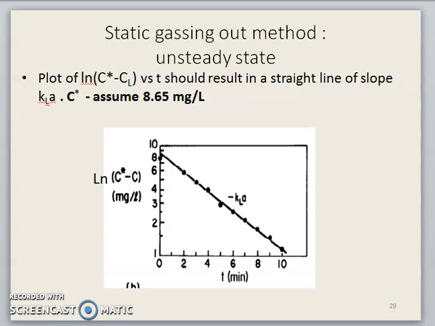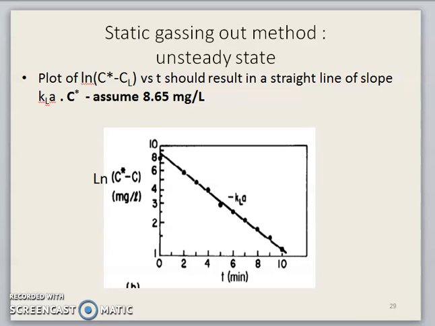Then you take C star, the saturation dissolved oxygen in water at that particular temperature and pressure, minus the current measured value of dissolved oxygen in the fermenter, and take the ln of each value. These values are then used to plot a graph of ln(C star minus CL) over t, where t is in time or seconds, depending on the number of data points recorded.